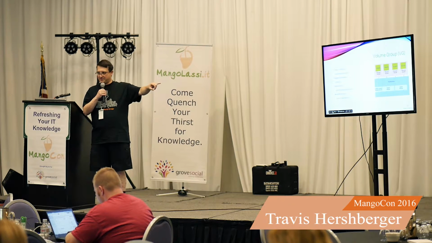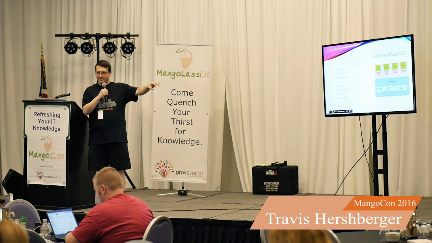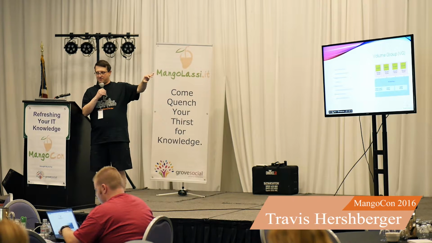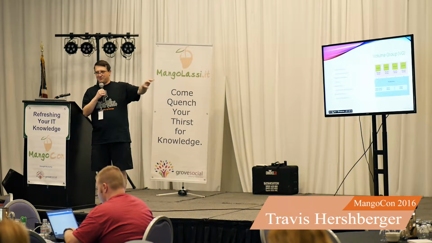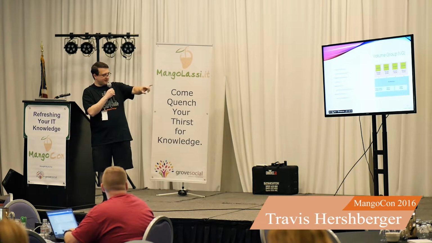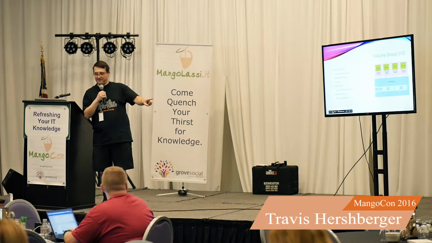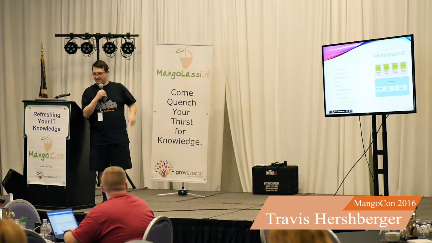Your volume group is where you're going to start naming things. And logical volumes also get their own names. You want to make sure to pick different names for your volume groups and logical volumes because you will get them confused and you really do not want to accidentally remove your volume group instead of the logical volume that you're trying to go for.